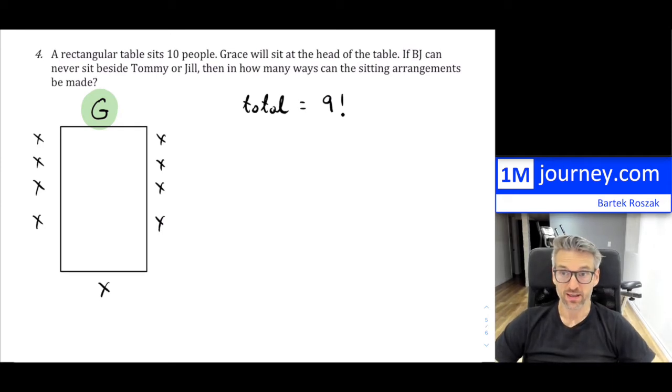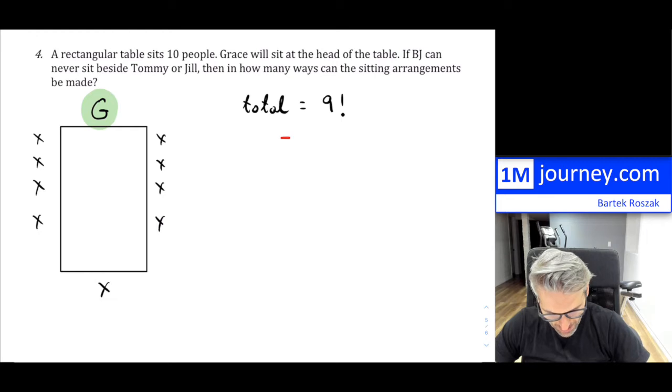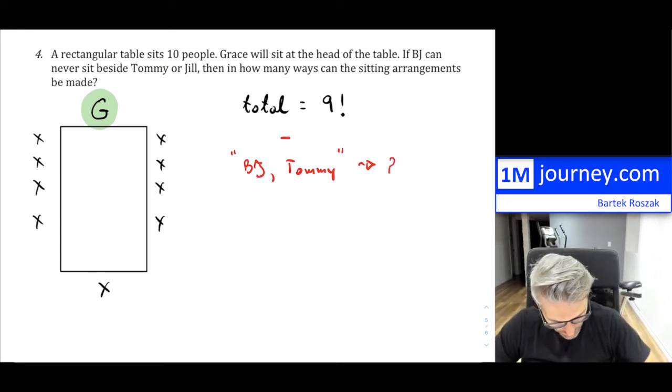That would have been easy if we didn't have this constraint that BJ can never sit beside Tommy or Jill. So I'm going to say, okay, that's the total minus. Now, when is BJ sitting beside Tommy? I can arrange them either BJ Tommy or Tommy BJ, so that's 2 factorial ways of changing them around.